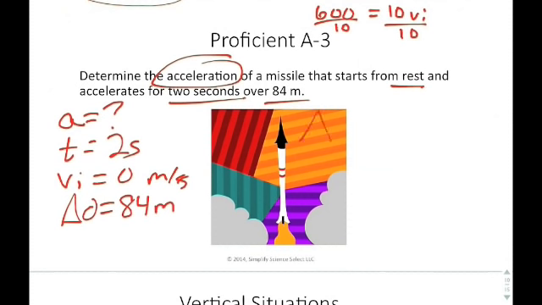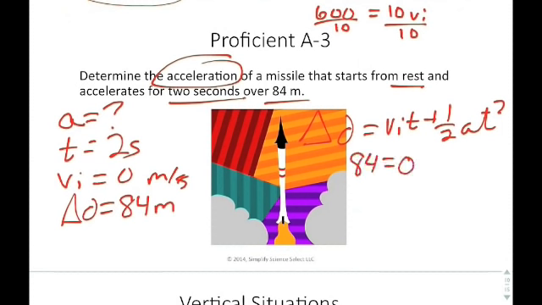Using this information, we can plug it into the equation delta d equals vi t plus 1/2 a t squared. Now we can start to plug our numbers in. 84 equals 0 times t plus 1/2 of a t squared, where t is 2. 0 times anything doesn't matter, it's going to be 0, so this whole term is going to cancel out.